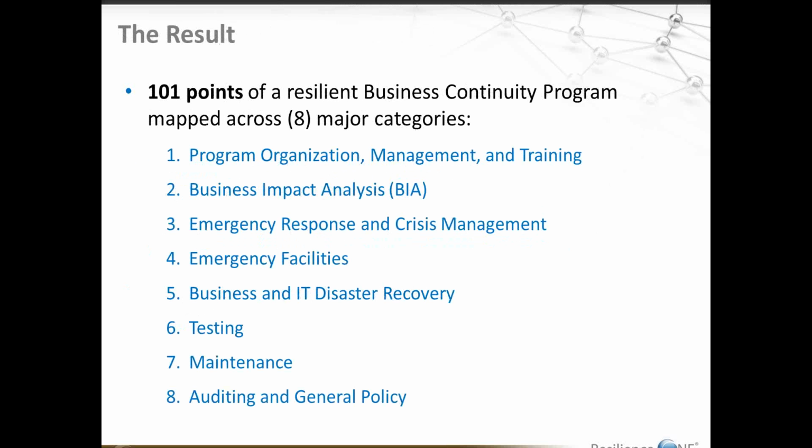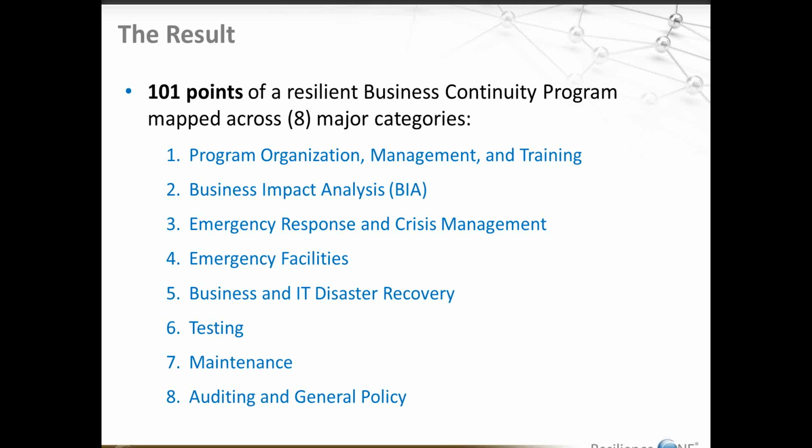Here was the result. We came up with 101 points of what is essentially a resilient business continuity program, a best practice gold standard. Each of those 101 points fell into one of 8 areas, and I'll show you what each of those are. There was program organization, management, and training. Basically, all of the items I use to get my program started and organized, all of the governance around business continuity planning.